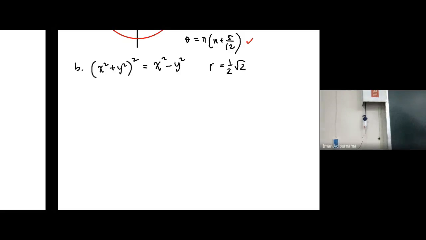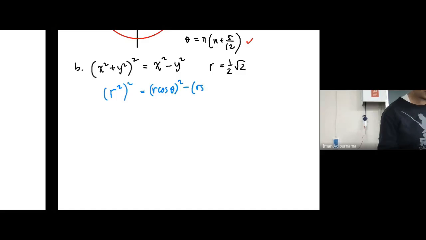If we are thinking in polar, x squared plus y squared is the radius squared. Okay, so this is radius squared and then squared, and then this part, the x, let me change the x into r cosine theta. So r cosine theta squared minus r sine theta squared.